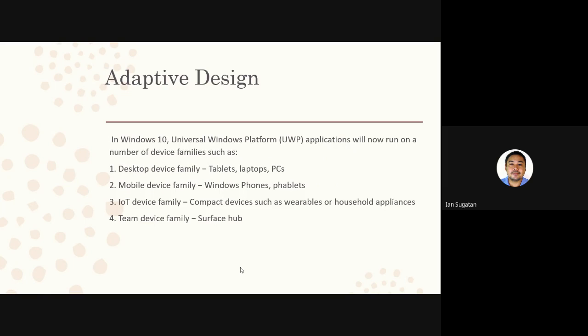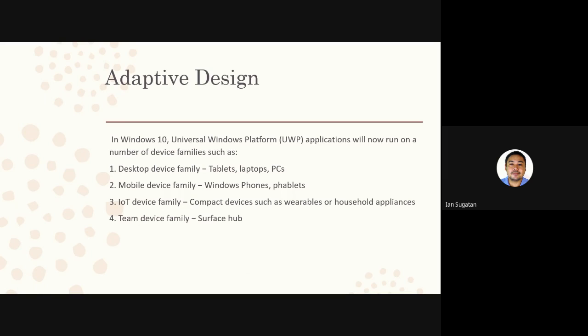So for adaptive design in Windows 10, the Universal Windows Platform applications will now run on a number of device families. Later on, we have the four device families. So before anything else, for adaptive design, take note that each device family has its own screen and window sizes.